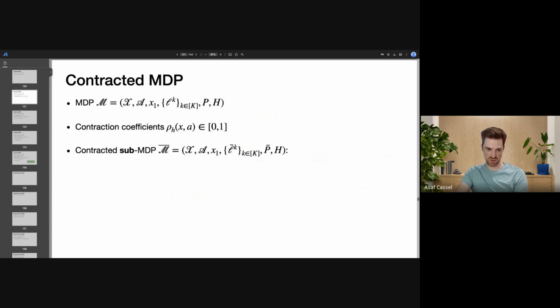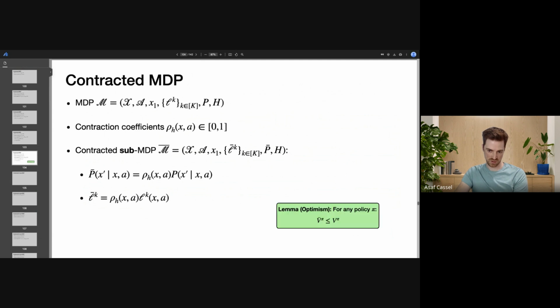And for this, you can define a contracted sub-MDP, because things will sum to less than 1, where you just take the transition function and multiply it with the contraction coefficients, and also the losses. What's relatively straightforward to see from this is that this is an optimistic operation. With losses, you're just shrinking everything. So for any policy that you take, its contracted value will be smaller than its true value on the MDP.